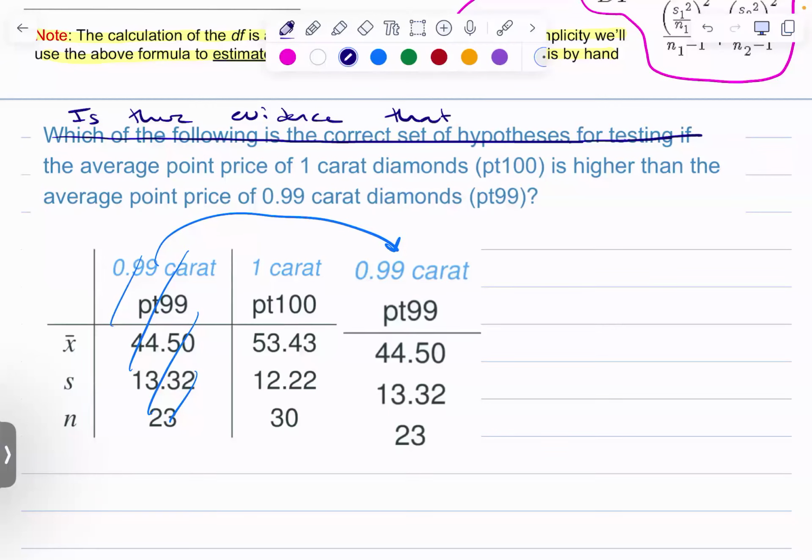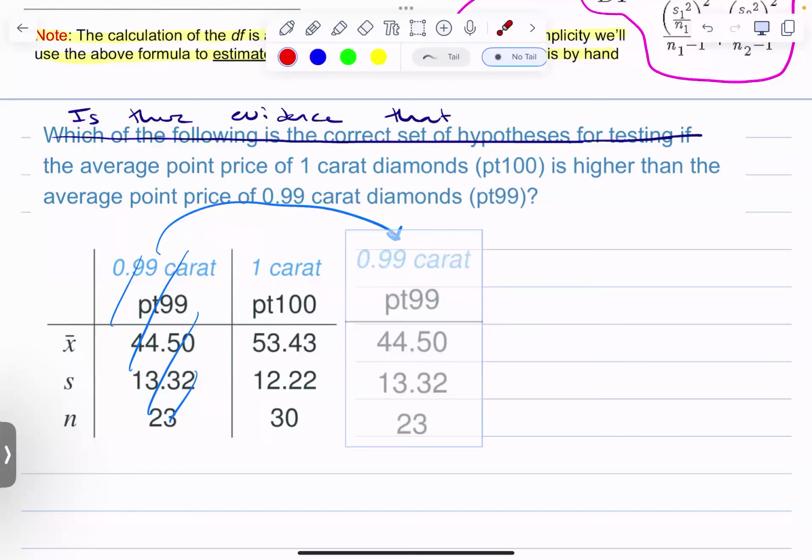Is there evidence that the average point price, now the 1 carat diamonds are my group 1 and my 0.99 carat diamonds are my group 2s. Let's put this here. That the point price is higher than the average point price of 0.99 carat diamonds.